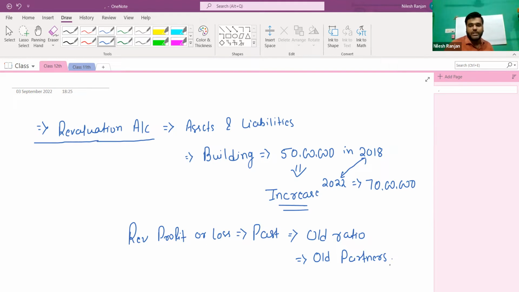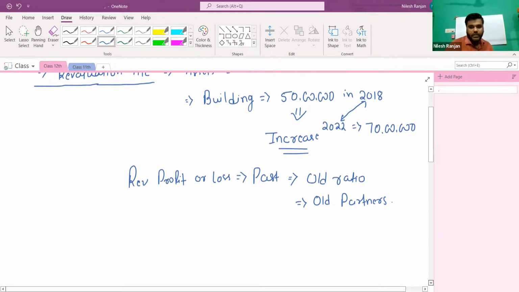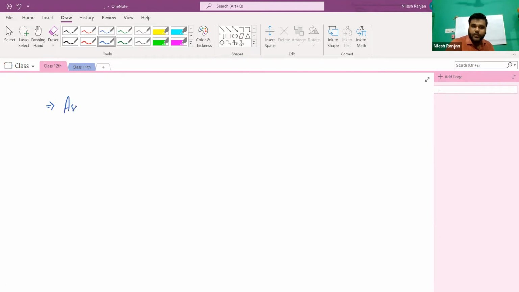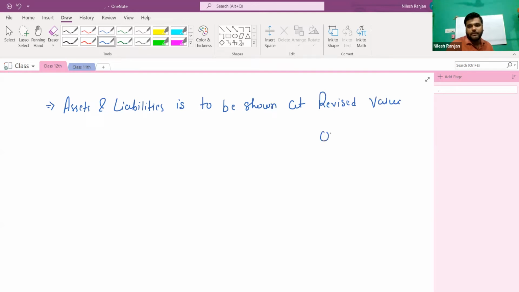Okay, so there are two cases of revaluation. First is assets and liabilities to be shown at revised value, and the other one is at old value, that is original value.